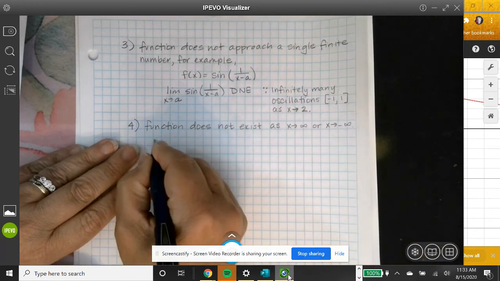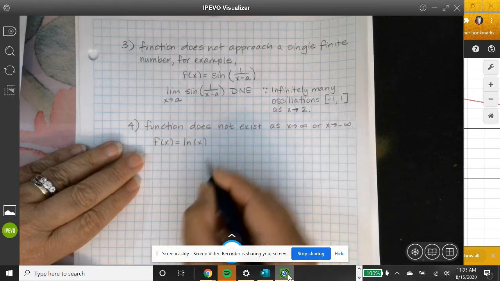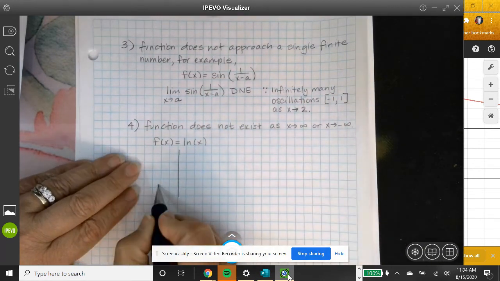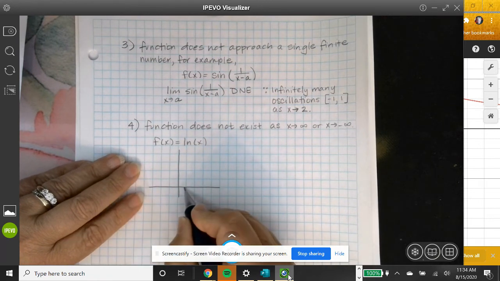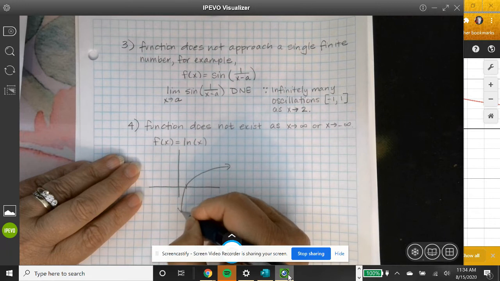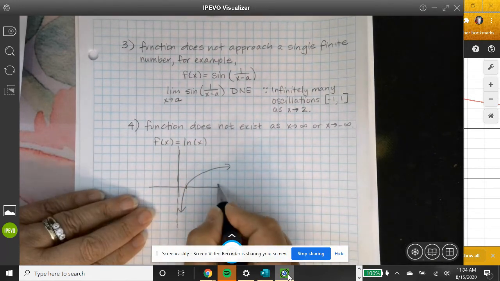Now, what do I mean by that? Let's consider f of x equals the natural log of x, okay? That's one of our toolkit functions from not too long ago. If I were to graph this, the natural log function looks like this, and it's approaching as x gets closer and closer to 0.